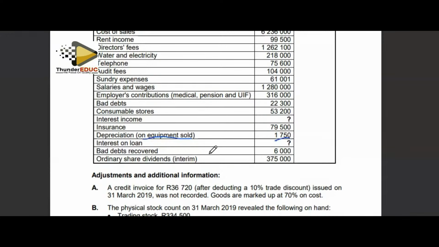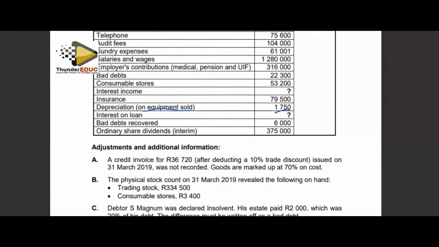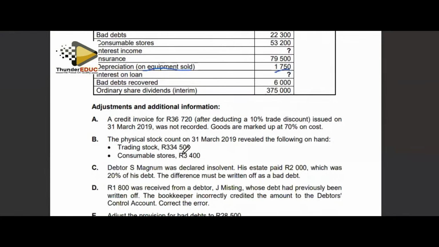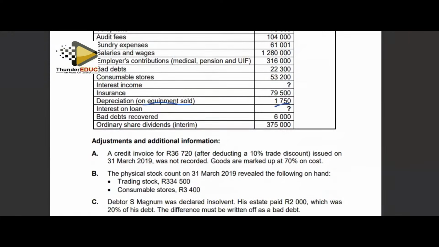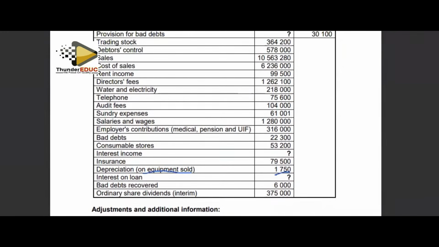Trading stock deficit: the trial balance is showing that we have trading stock of 364,000, but we have the trading stock at the end of the year after the physical stock taking.